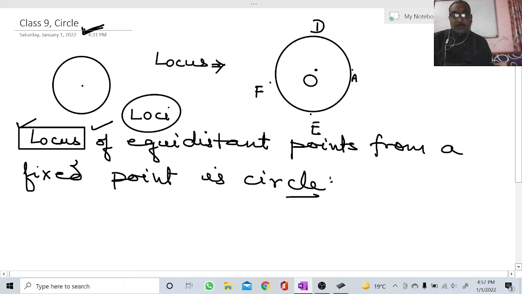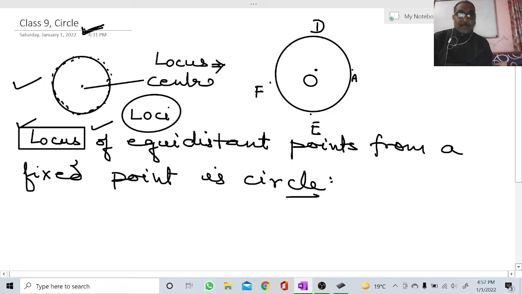In another word, you can also say the definition of circle as figure obtained by line joining a set of equidistant points from a fixed point is called circle. See, the fixed point is termed as center.